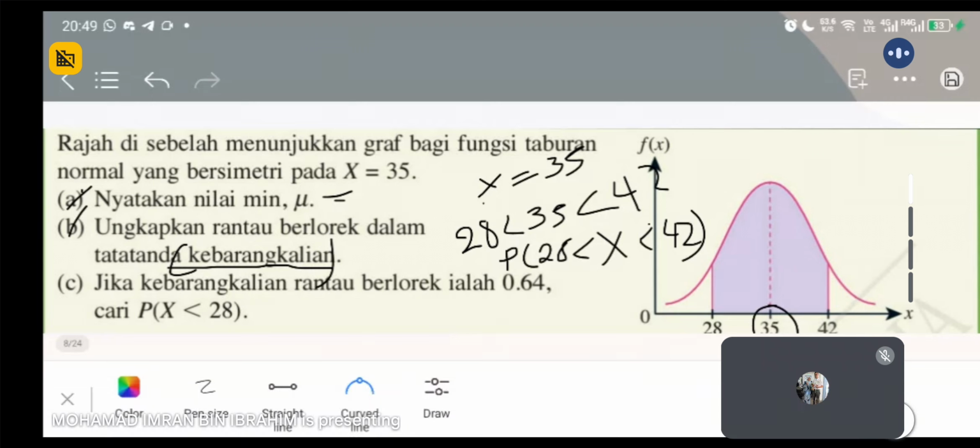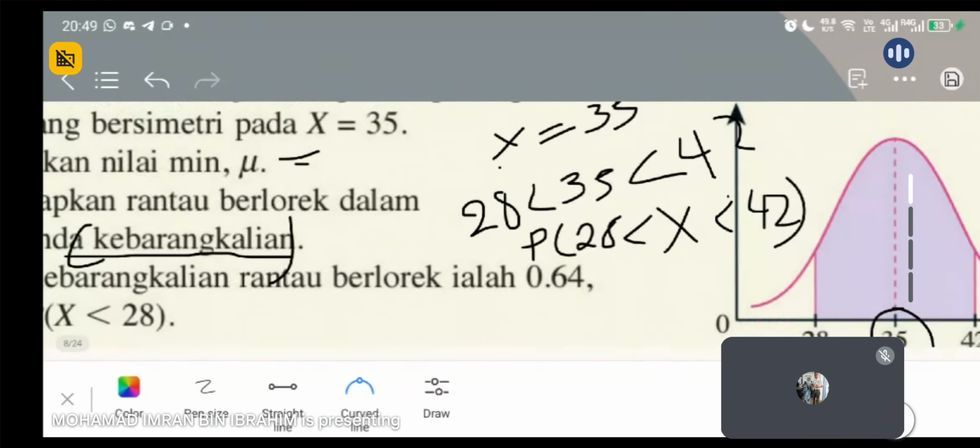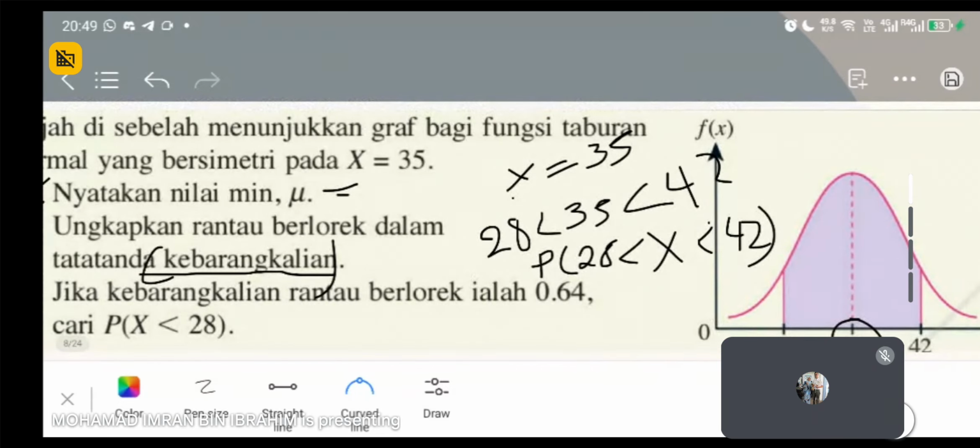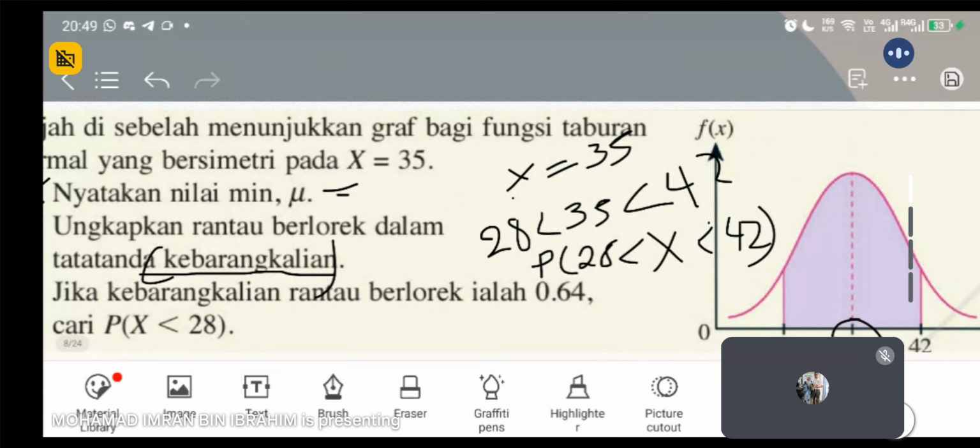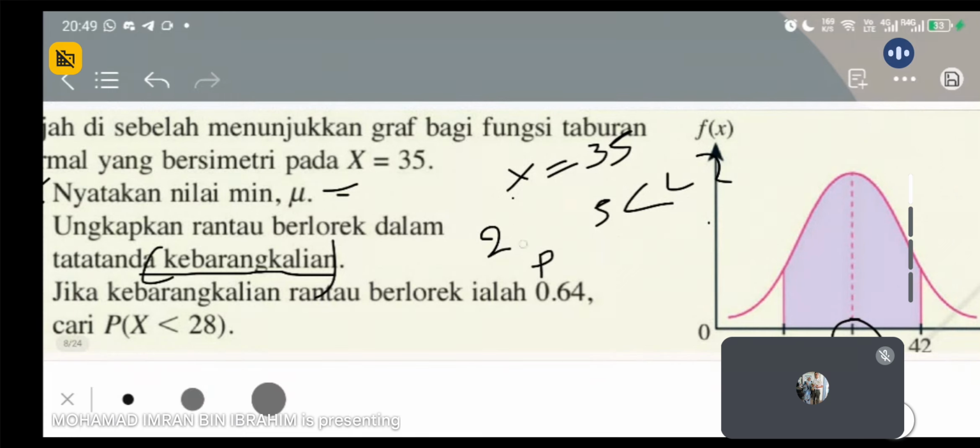So at this point, most of us collapse, I think. But still, we'll do this. I'll erase this first.